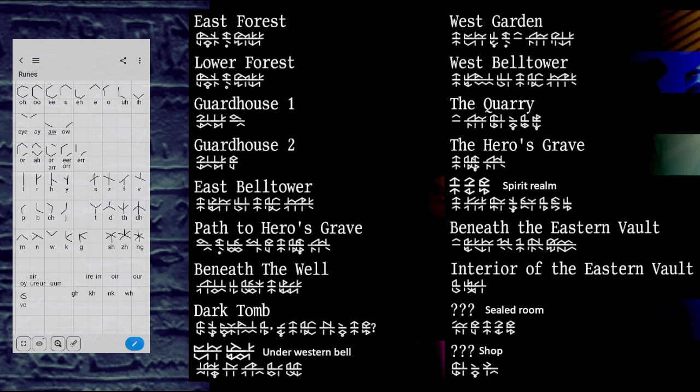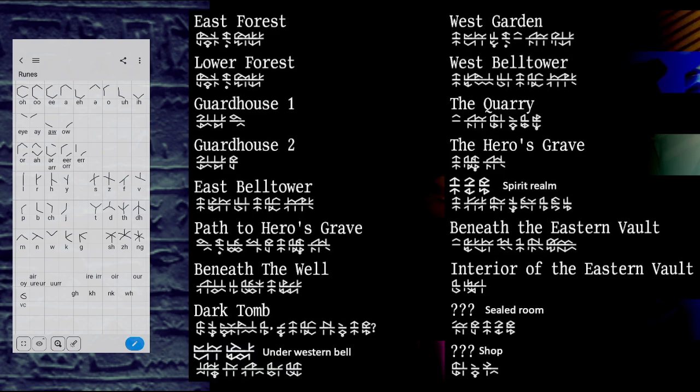East Forest. Ruins of Fortress. Right, yes, it has got that extra stroke. It's Fortress. I'm going down first and then to the right.